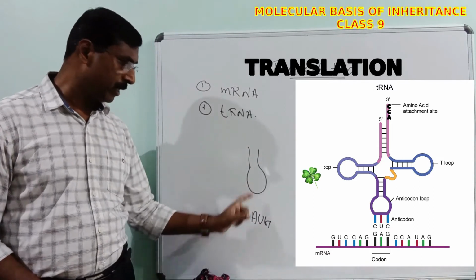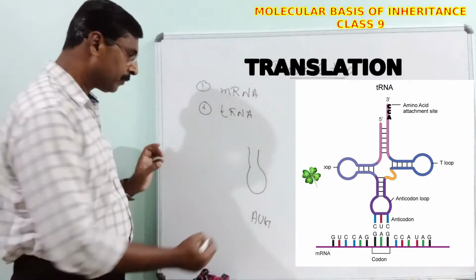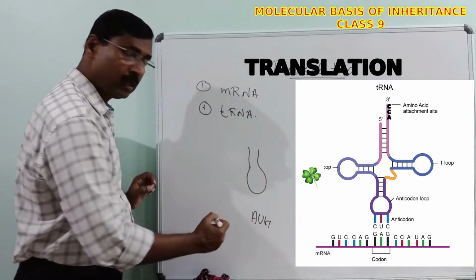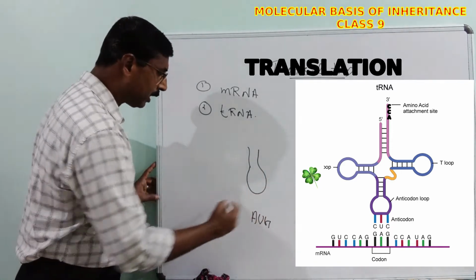So what should be the complementary base here in this transfer RNA? Suppose this is the anticodon of the transfer RNA, then what should be the bases in the anticodon?